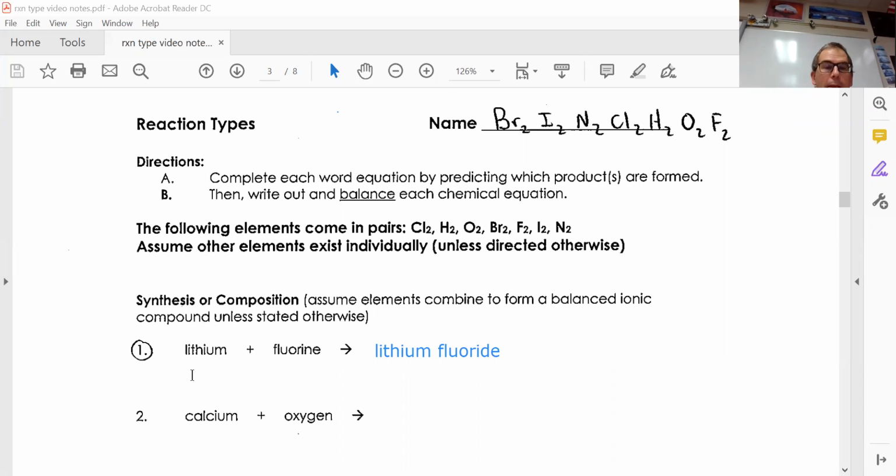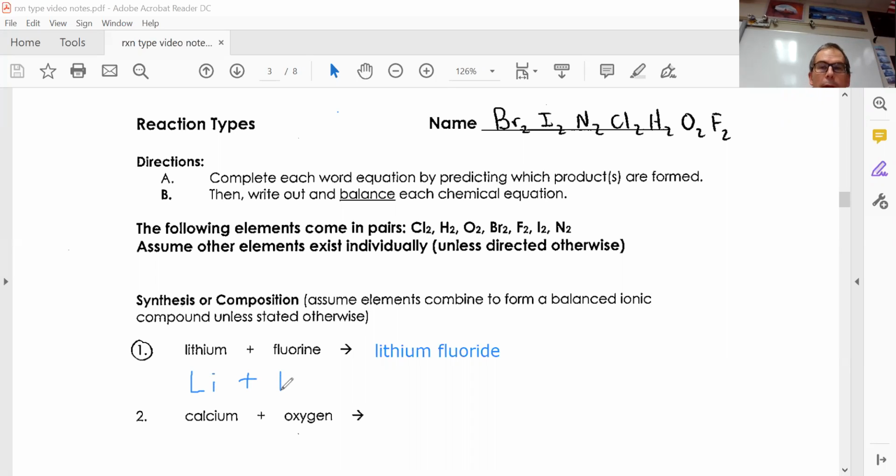Okay, next thing is I'm going to write out a balanced chemical equation for this. Li is the symbol for lithium. Is it part of Brinkelhoff? No, so it doesn't travel in pairs, so that's going to be by itself.